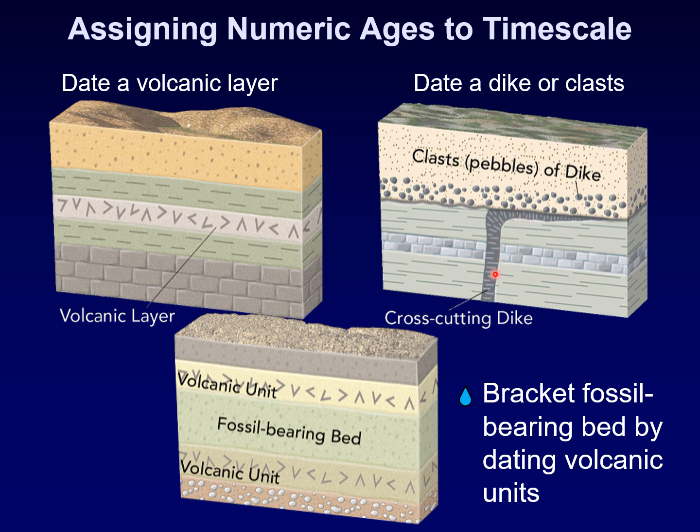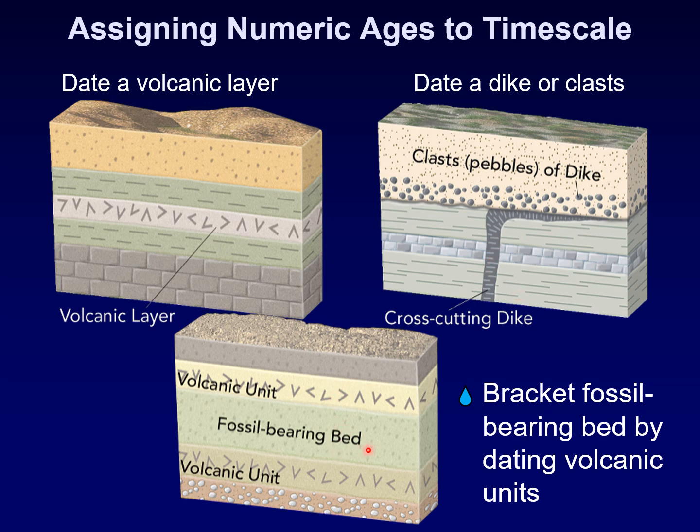So we know that all these units are younger than that dike. And then if we have clasts of that dike in a sedimentary layer above it, we can basically say, well, if this happened at 50 million years ago, we know that this happened after 50 million years ago, and this happened before 50 million years ago.